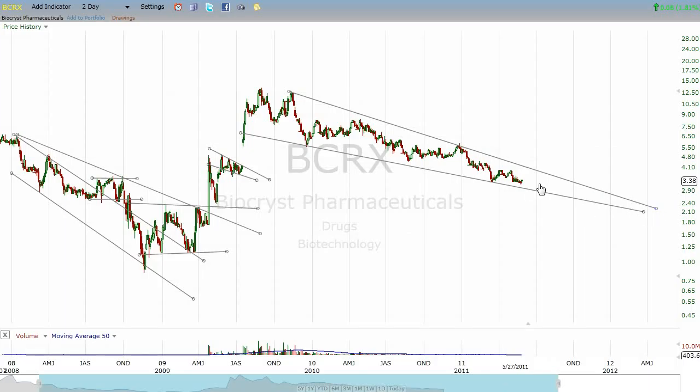But right now I'm kind of staying clear of some of these large descending wedges, because there's just so much selling pressure in this thing.